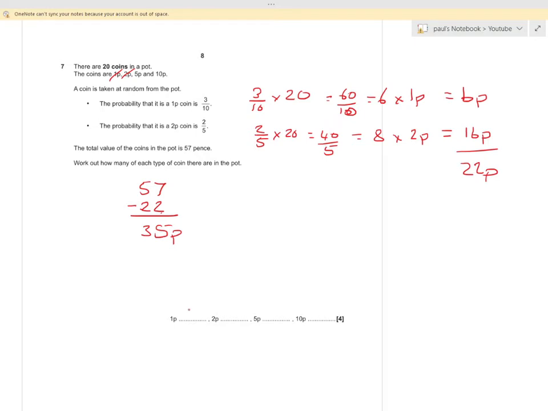So I've got 6 1p's, 8 2p's, and this can be anything. I've got 3 10p's and 1 5p. It doesn't say. I could make that up a different route.